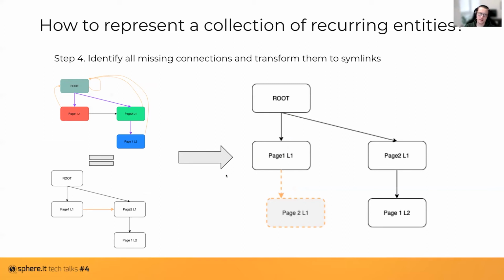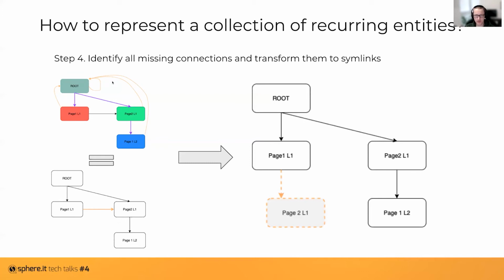And as you can see on the left side of the screen, on the top image, I've marked the entities with different colors. I've marked with orange all the arrows going back to the root entity.